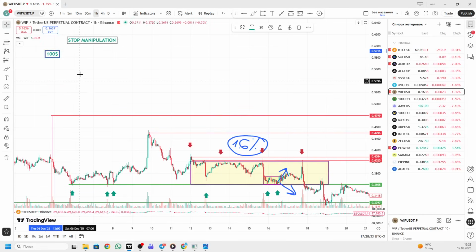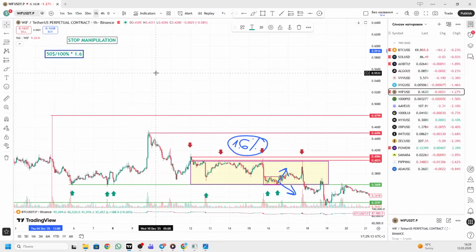If you don't enter with the full $100, but instead enter with $50, what do we have? Let's start not from 100, 100 we already written down. So let's say $50. What we do, $50 we have to divide by 100% and multiply by 1.6%, as we said here, right?